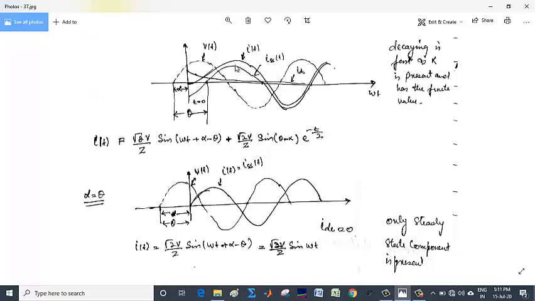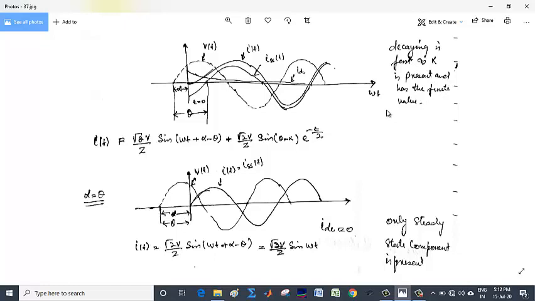So this will be the steady state part of the current, and this will be the value of the current at t equal to 0. This has to be made 0, so a DC offset current will flow through the circuit, which makes the current equal to 0. This DC offset, whose expression is given by this, is shown like this, and it decays very fast, as R is present and has a finite value, because we are assuming an RL circuit.